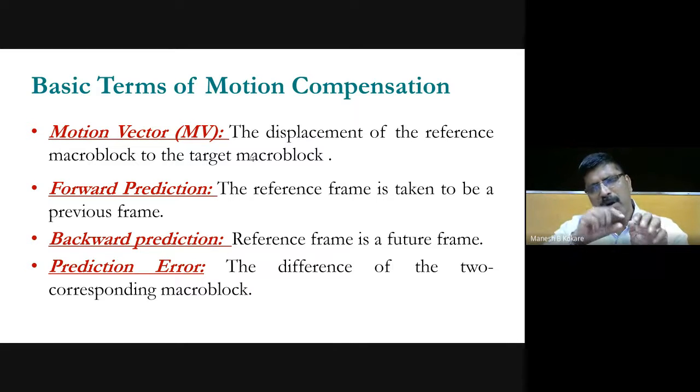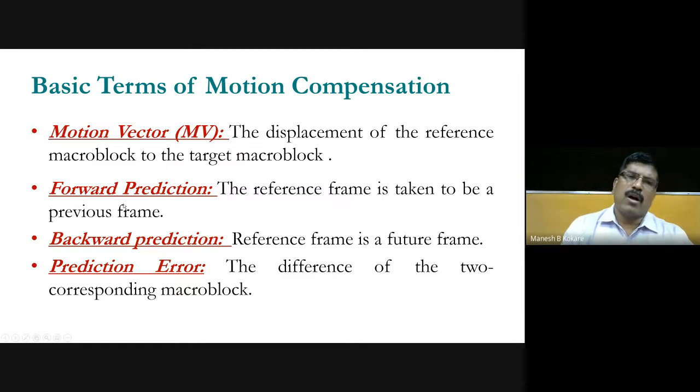So all the pixels of the previous macro block will match with the reference one. This object is moving in this direction, for example. So the displacement of the reference macro block to the target macro block is nothing but the motion vector.